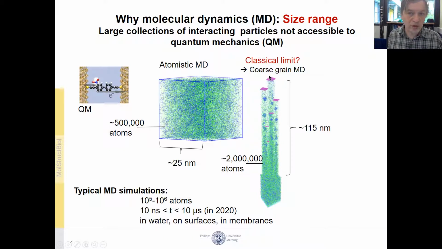With coarse grain, we can go longer. With atomistic molecular dynamics, the time range we can usually look at is everything between 10 nanoseconds and 10 microseconds. In our lab, mostly between 100 nanoseconds and 1 microsecond.